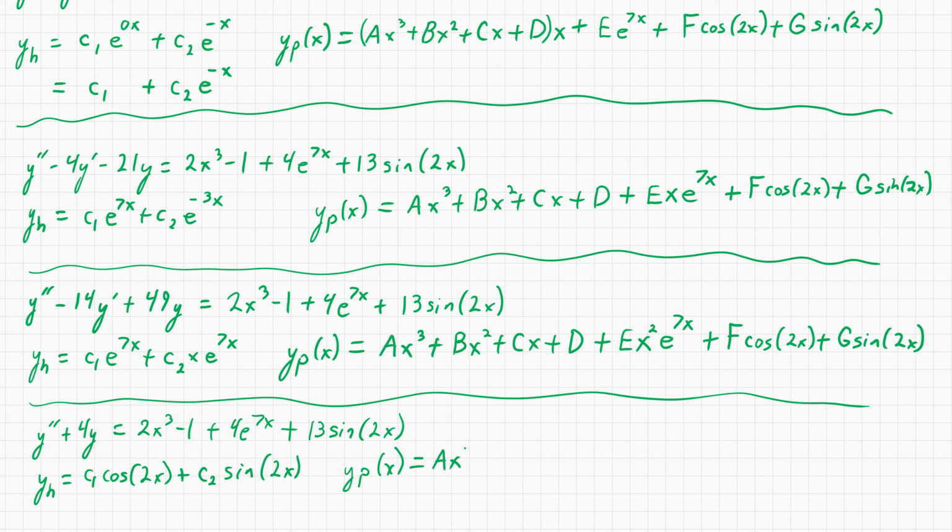Our polynomial is the same, still ax cubed plus b x squared plus cx plus d. And no e to the 7x in the homogeneous solutions, so it's capital E times the exponential to the 7x. But then I have to put an x around both of these: f times x times cosine of 2x plus g times x times sine of 2x.